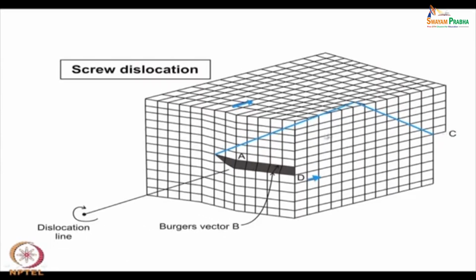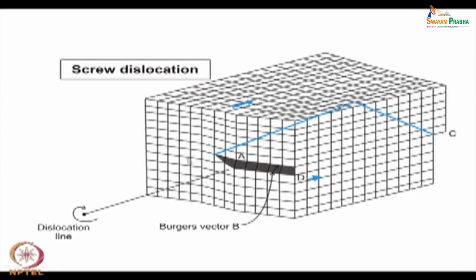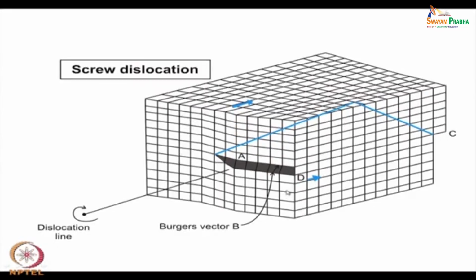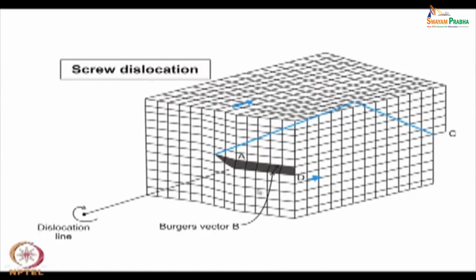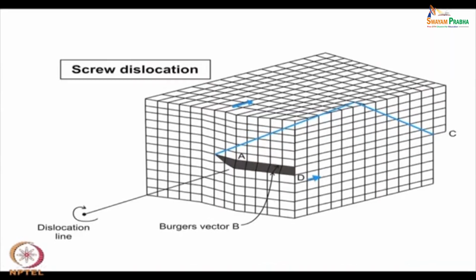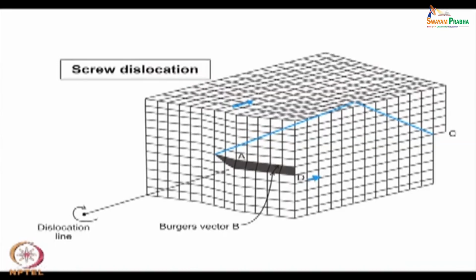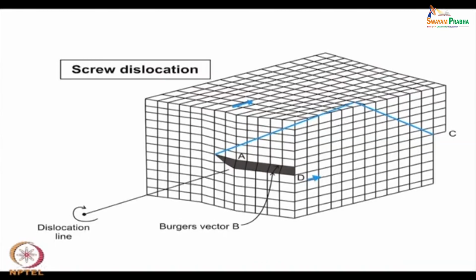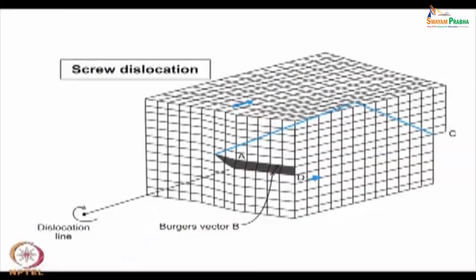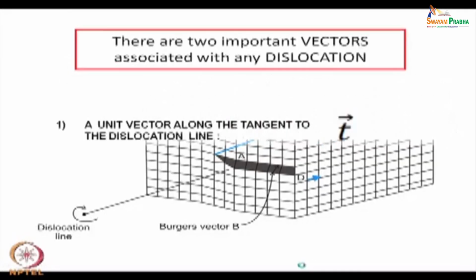This part is the slipped portion and the unslipped portion is there, and the bottom is also unslipped. So, the boundary becomes in a different direction, and this is called screw dislocation. The first one we discussed is called edge dislocation, and this is called screw dislocation, right.